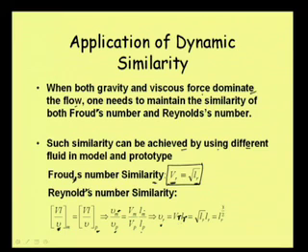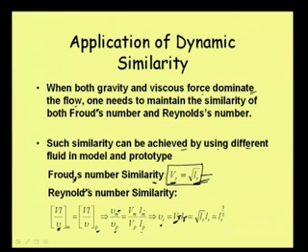This is the condition that we are getting for Reynolds number similarity, but the same model will have to satisfy the Froude number similarity as well. For that we need velocity ratio equal to root over L_r.